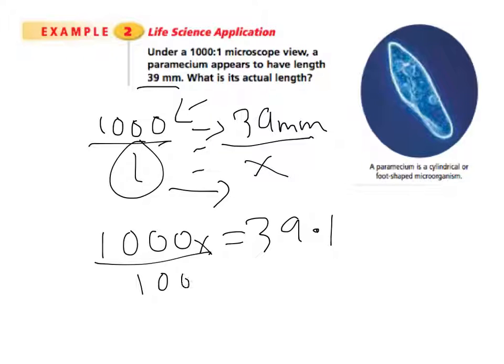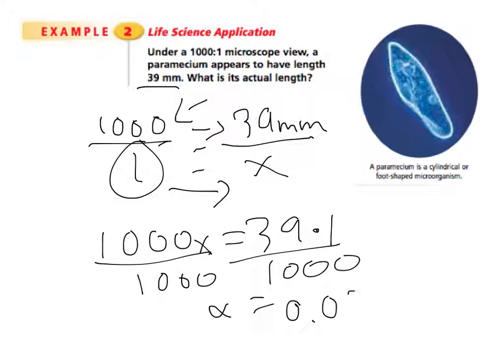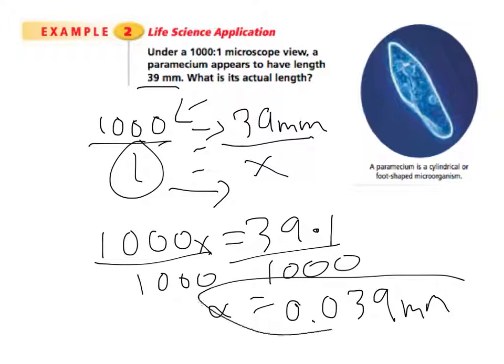Divide by 1000. So X is equal to 0.039 millimeters. So we know it's going to get smaller. Okay, 0.039. So you always have to ask when you set up these proportions, is this the zoom or the enlargement or the reduction?